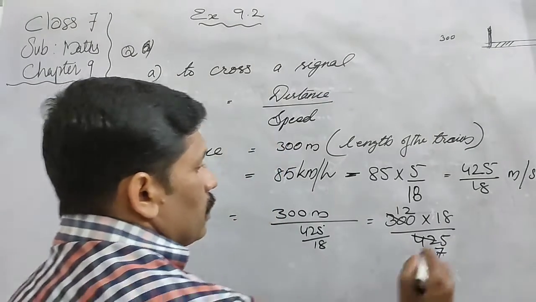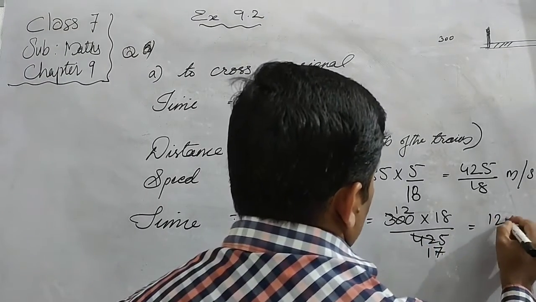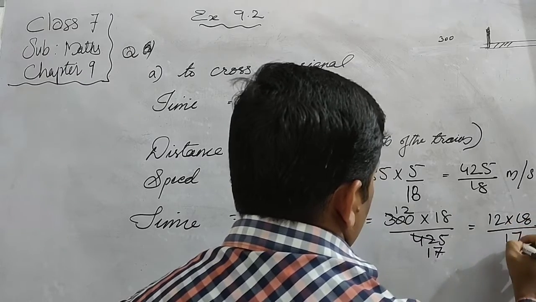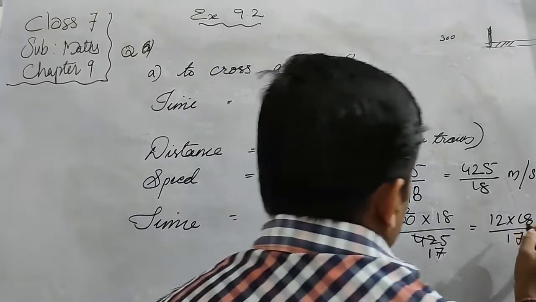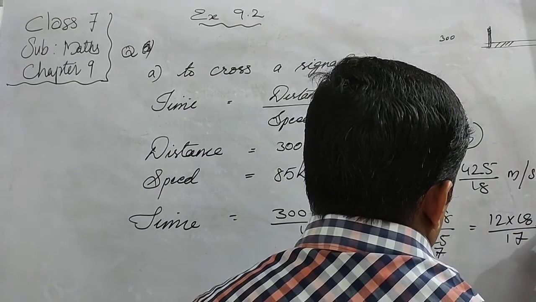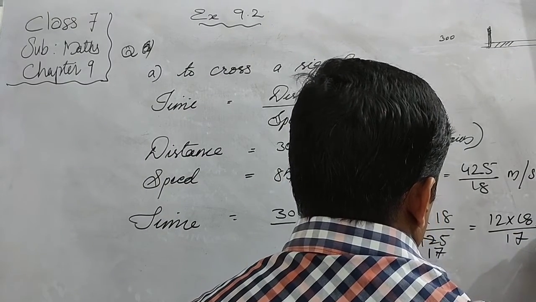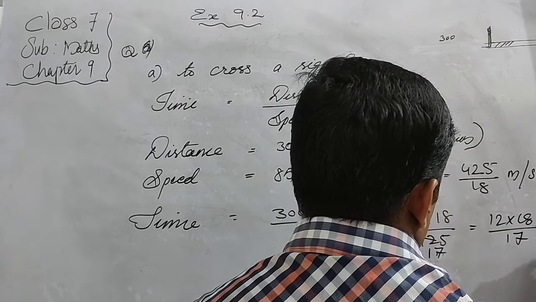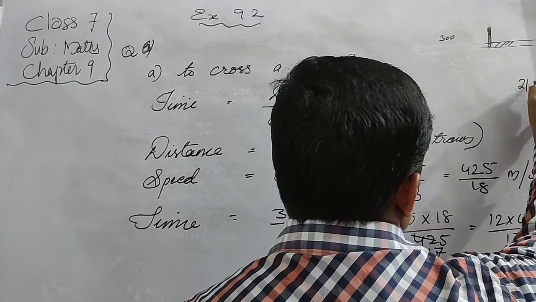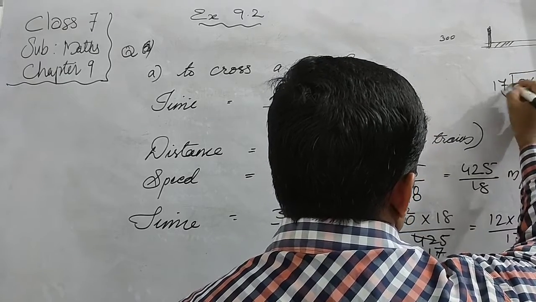So here 12 into 18 upon 17. So 12 into 18, what do we get? 216 upon 17. We can divide 216 by 17.